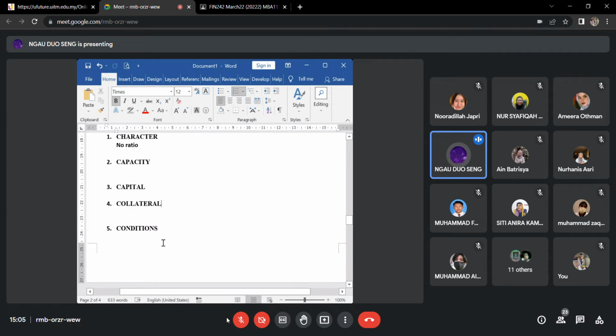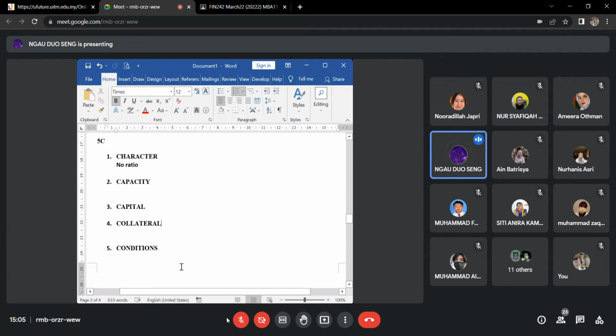Some company during COVID-19 dia punya sales increase. Macam Top Glove yang jual sarung tangan, right? So this one you can use the profitability ratio lah to explain. This one actually is depend how macam mana you explain the ratio, right? Relate back to this 5C.